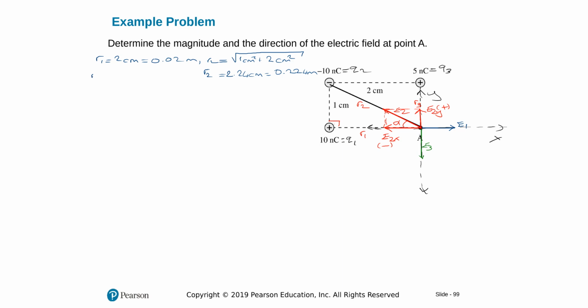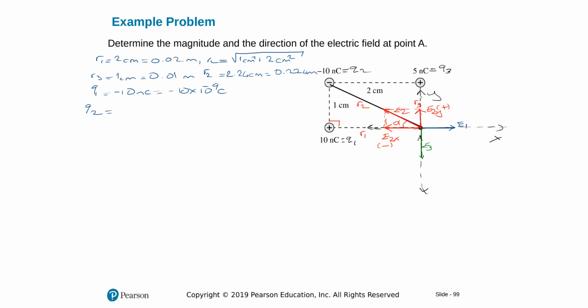And R3 we also know, 1 centimeter, 0.01 meters. Charges are given in nanocoulomb. We convert to coulomb. Q1 is plus 10 nanocoulomb, that is 10 times 10 to the minus 9 coulomb.